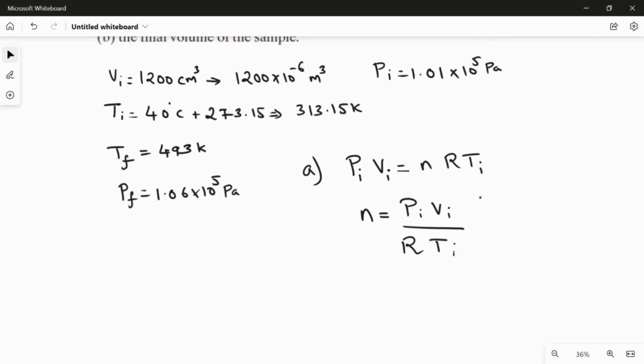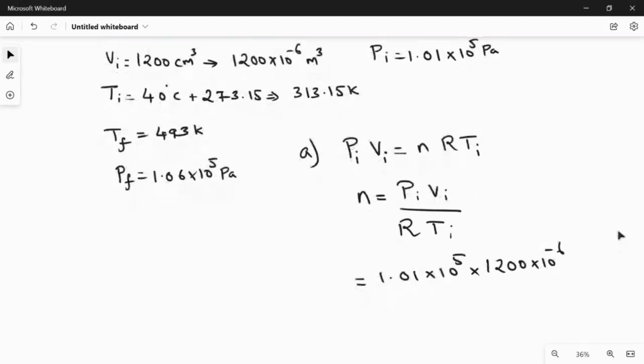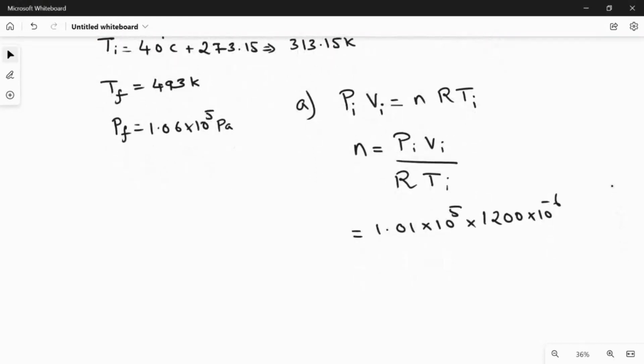Now I am going to substitute the values. Here Pi takes the value of 1.01 × 10⁵ Pascal, multiplied by Vi, which is 1200 × 10⁻⁶, over the gas constant value, which is 8.314, multiplied by the initial temperature, 313.15.